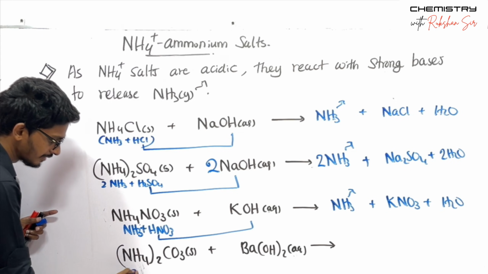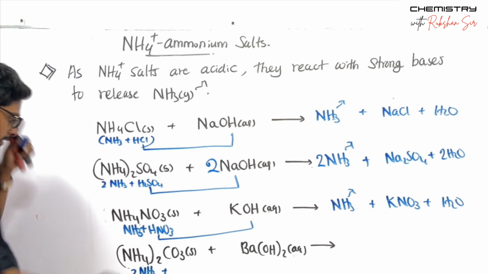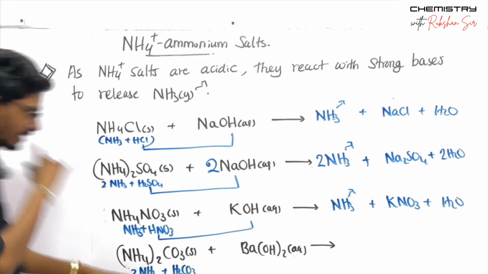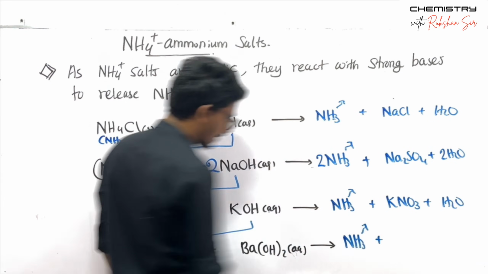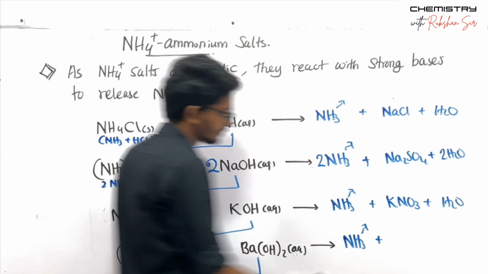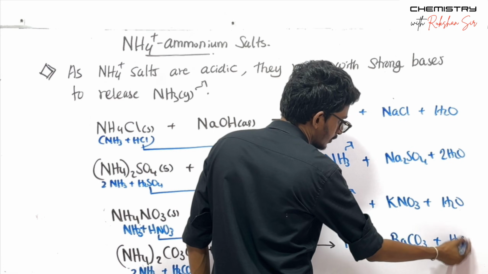You can see this one as 2 ammonia and the corresponding acid H2CO3. The products: NH3 releases first, and H2CO3 with barium hydroxide gives barium carbonate plus H2O.